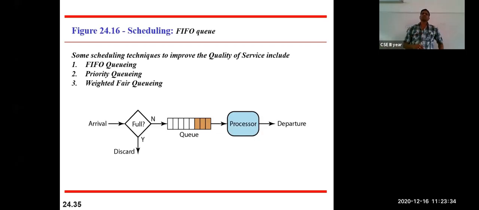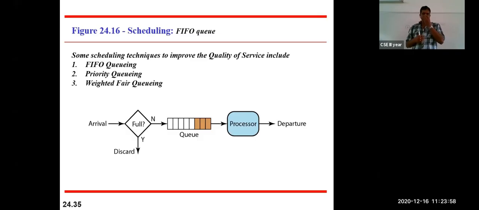That is what we are going to discuss in scheduling. That is flow control now, to improve quality of service. Some scheduling techniques to improve quality of service include, I have given 3. There are a lot of techniques, but in our syllabus we'll only go with 3 of them. They are called FIFO queuing, priority queuing, and weighted fair queuing.